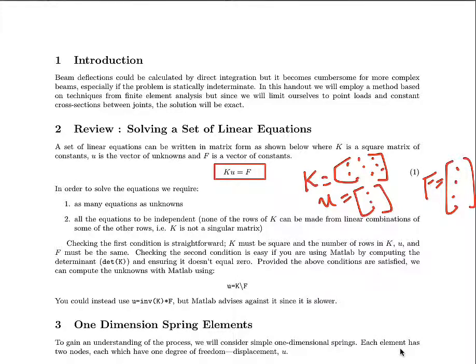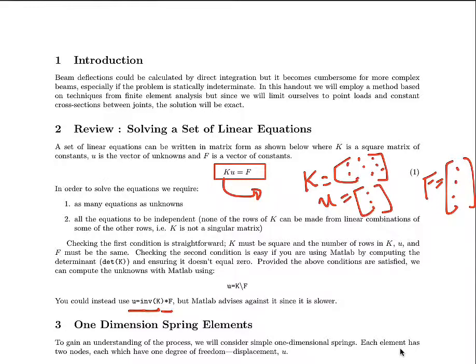As we know from our previous experience, there are so many methods to solving linear systems. The easiest way now is to use MATLAB, and MATLAB has two different ways. If you take K to the other side, you have to invert it. So you have U equal to inverse of K times F, and that will be the statement that is used to solve the system of linear equations.